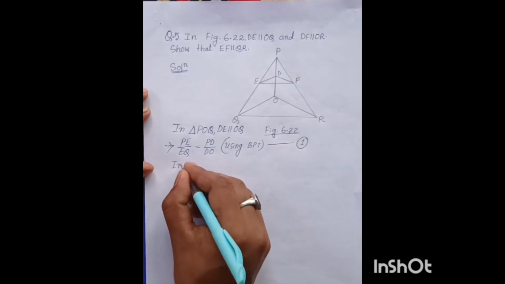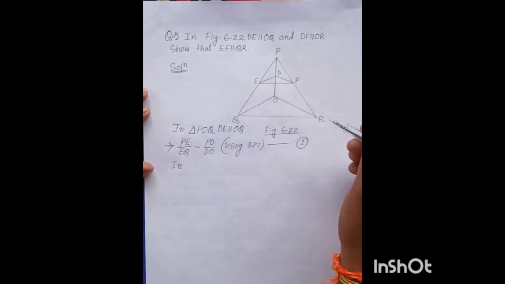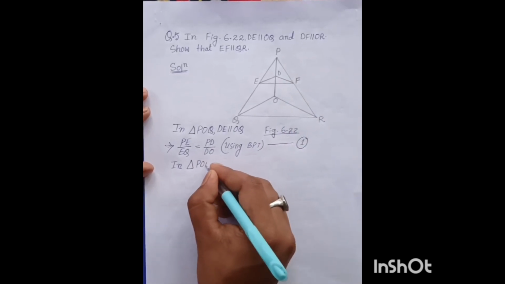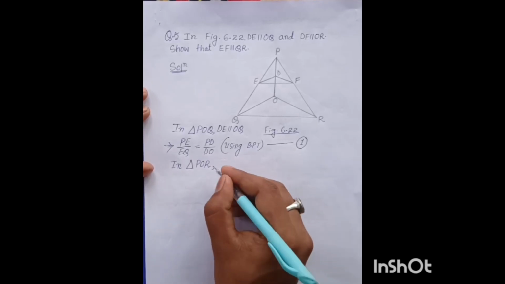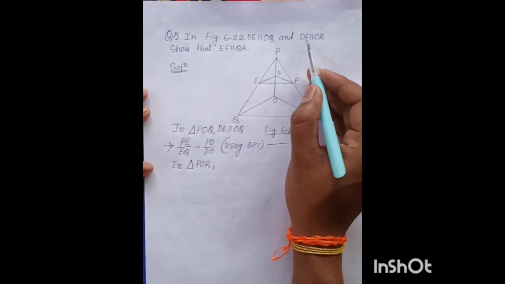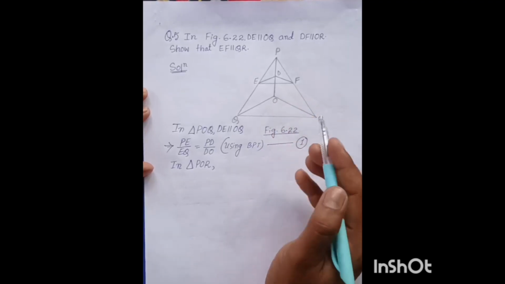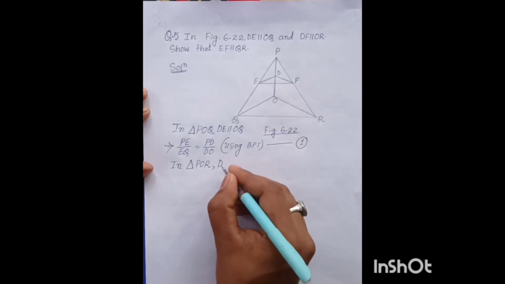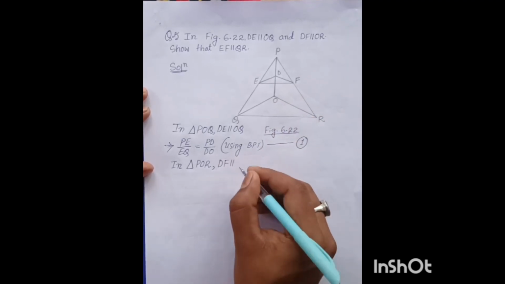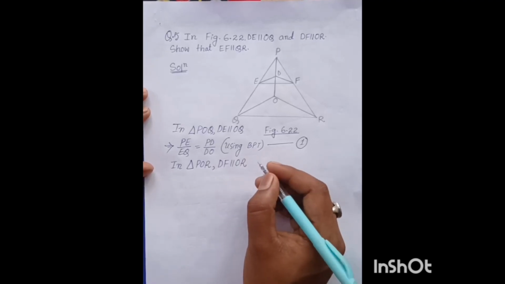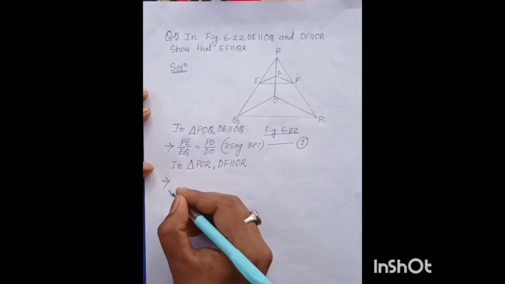Now again I will take another triangle, and this is POR. So in triangle POR, it is given that DF is parallel to OR. If these two lines are parallel with each other, then here also I can apply the BPT theorem.